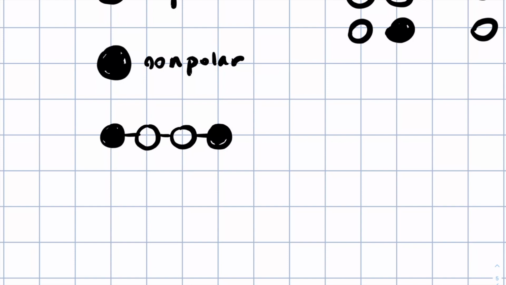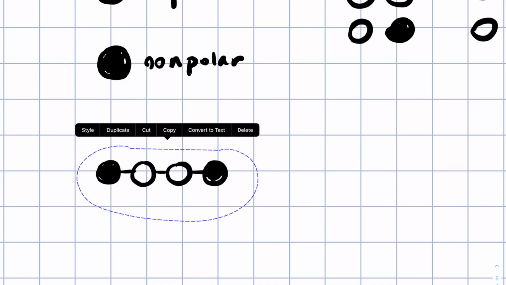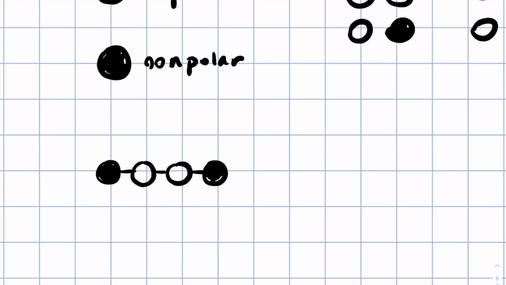This polymer can change its shape, but the distance between any two circles that are attached to each other can only be 1 unit in our square. So I could put this one here or this one there. So let's just start to draw various potential conformational states.